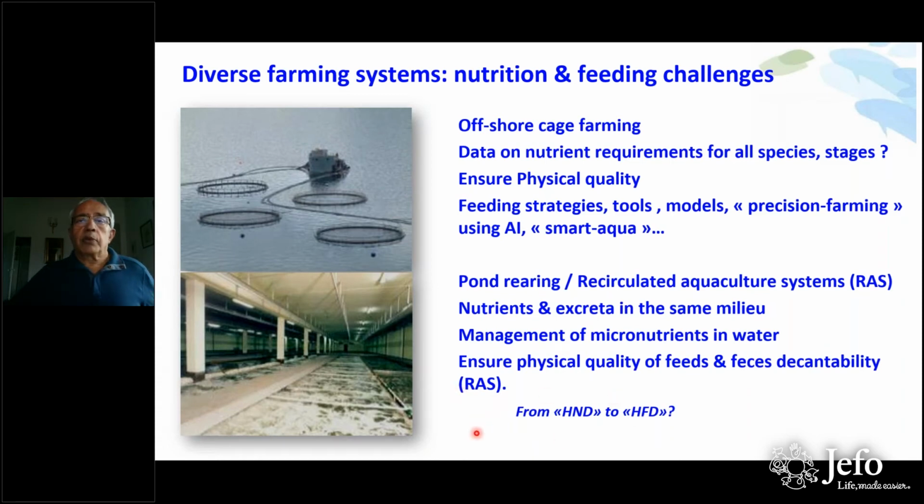As a nutritionist, I've been involved in developing what we call high nutrient dense diets, HND diets. Now, talking about high fecal decantability, it's kind of a reverse. That means you've got to put some binders which will be less nutrient dense, but will be efficient in ensuring the water quality.